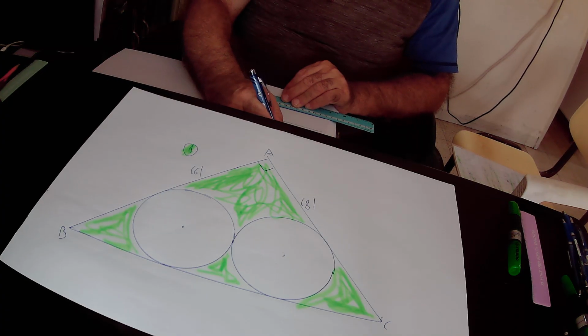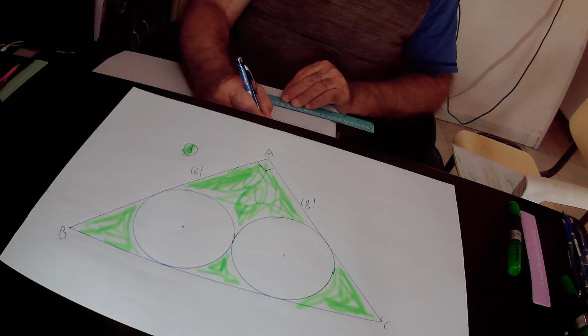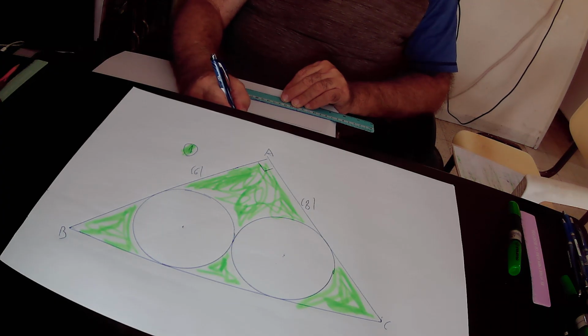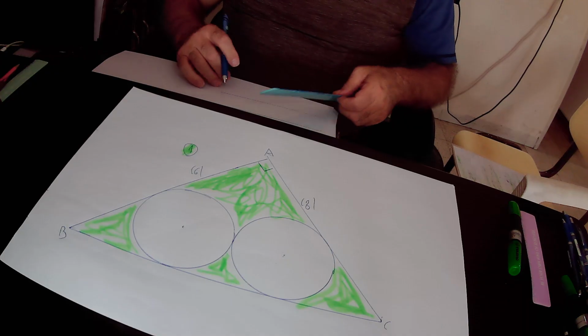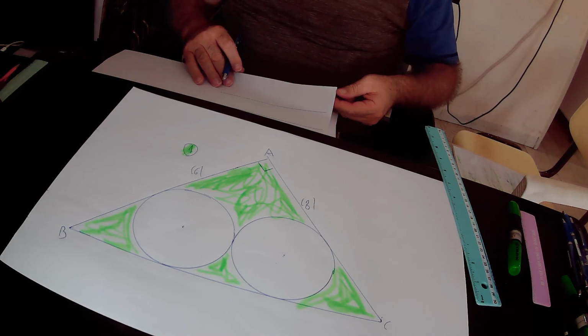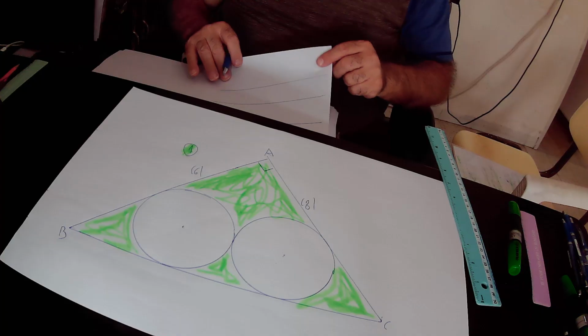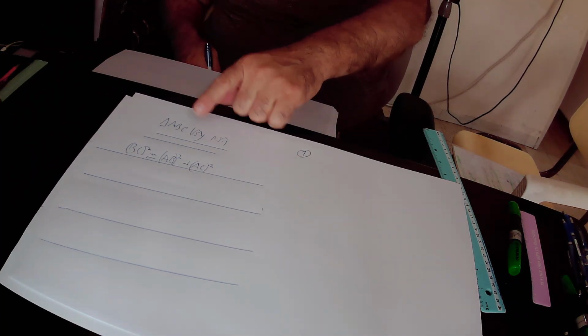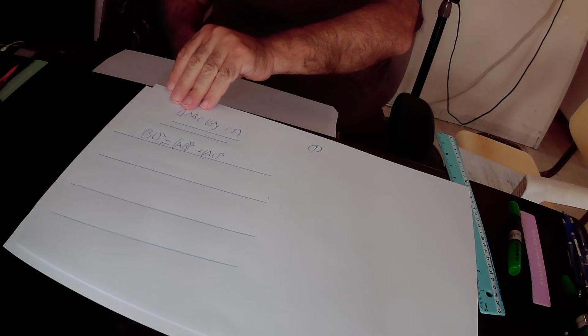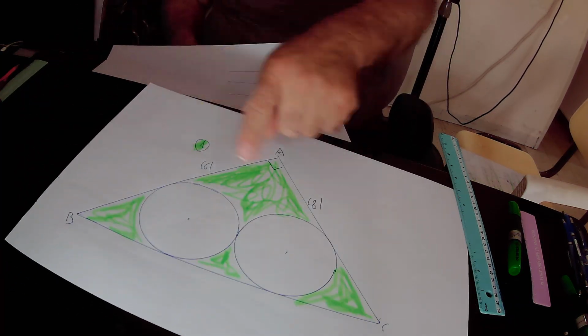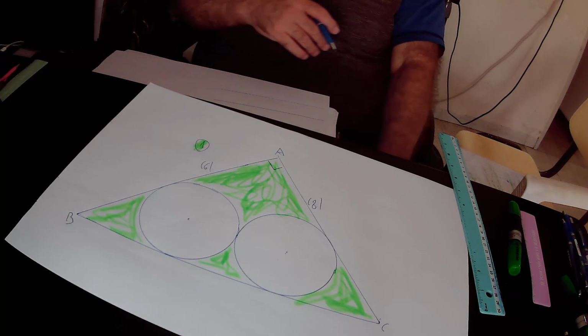BC is the missing side, so we'll leave it as it is.